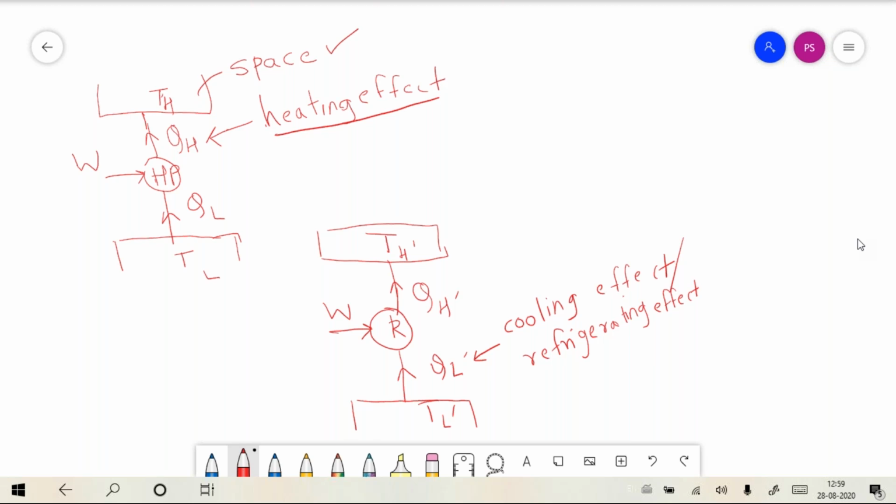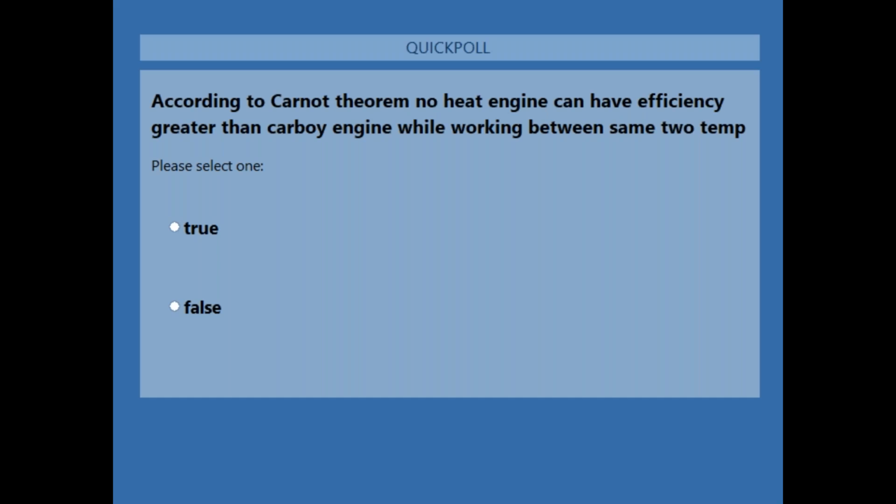Now, just to check whether you have seen the video. There is a small correction in the question. The spelling of Carnot is wrong. I made a typing mistake there. So according to Carnot theorem, no heat engine can have an efficiency greater than the Carnot engine.